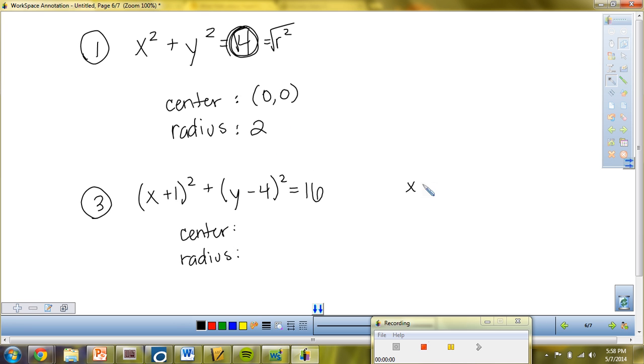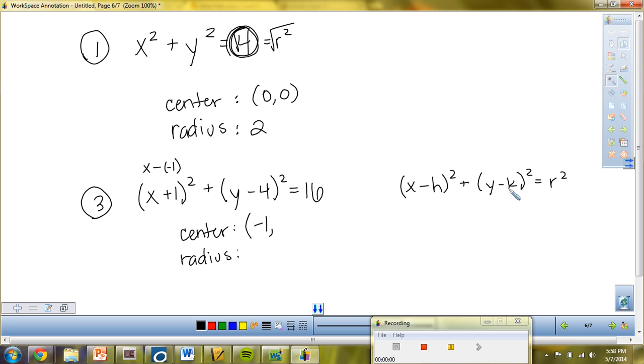Now we have to remember that our formula was x minus h squared and y minus k squared equals our radius squared. So if I'm looking at my center and I'm seeing that it's positive 1, I actually have to remember that this was x minus a negative 1, and that negative 1 turned to a positive. So I'm going to actually take the opposite of the sign that I see. So this is going to be a negative 1.